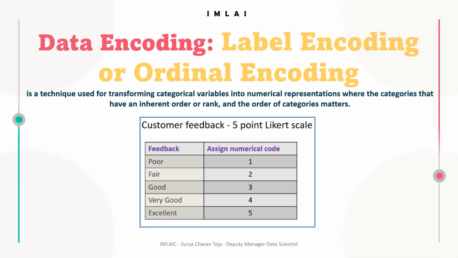I'm just repeating one more time: label encoding or ordinal encoding is a technique used for transforming categorical variables into numerical representations, where the categories have an inherent order or rank, and the order of categories matters.